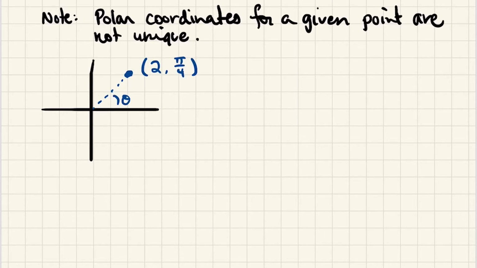Okay, so now we could also label that as 2 comma, and instead of moving in standard position pi over 4, you could go all the way around 2 pi plus another pi over 4. So we could say, well, this is pi over 4 plus 2 pi.